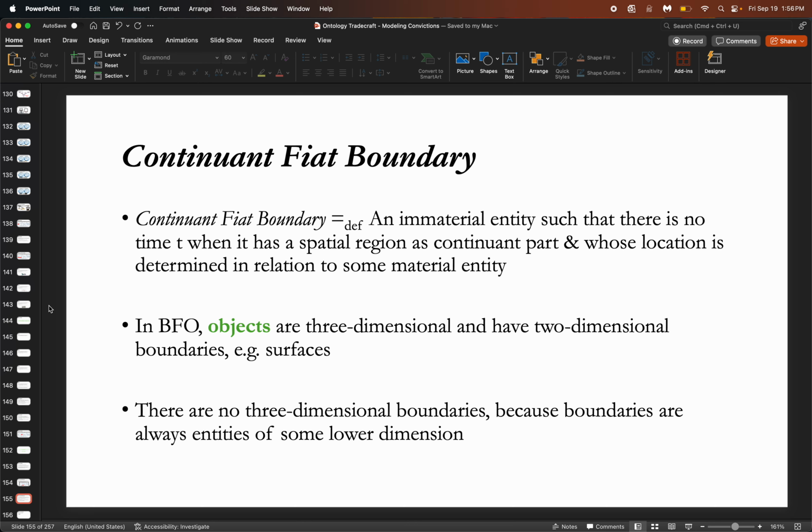Another way of looking at this is that in BFO, objects are three-dimensional, and they have two-dimensional boundaries like surfaces. And then surfaces intersect at one-dimensional boundaries, and those we call lines, and those lines intersect at zero-dimensional boundaries. But there are no three-dimensional boundaries, because boundaries are always entities of some lower dimension in BFO.